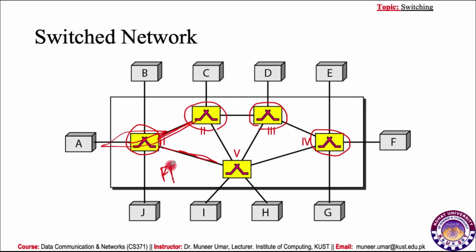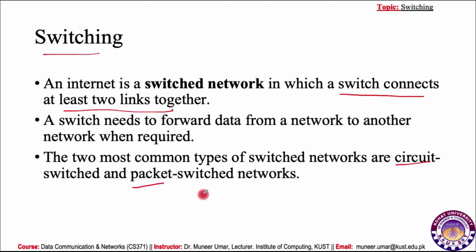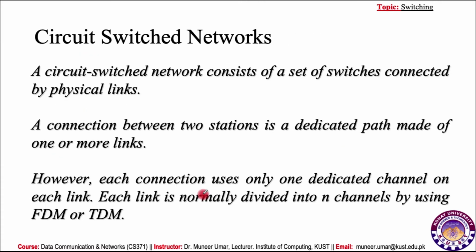We have already studied frequency division multiplexing and time division multiplexing. So by using FDM or TDM, we can share the links among these devices in a circuit switched network.